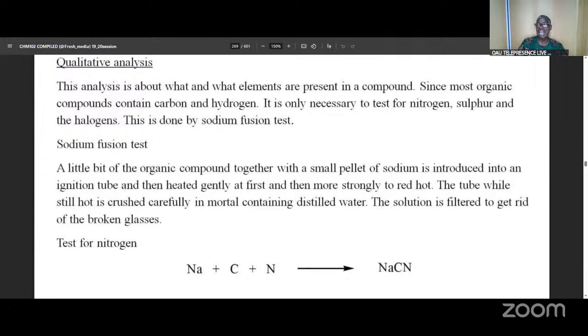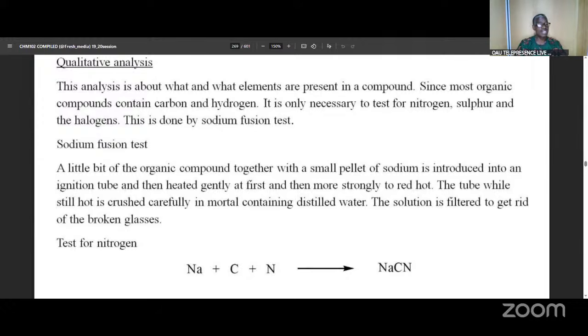So we can say it's an elemental analysis. Since most organic compounds contain carbon and hydrogen, it is only necessary to test for others like nitrogen, sulfur, and the halogens, and this is done using the sodium fusion test. In fact, it is called the Lassaigne sodium fusion test.